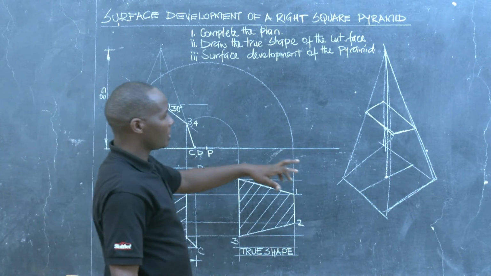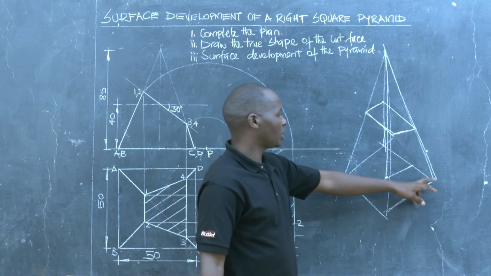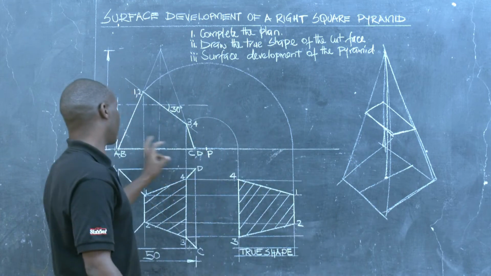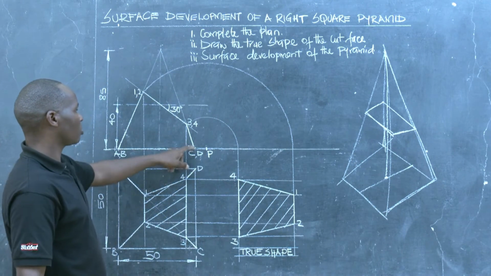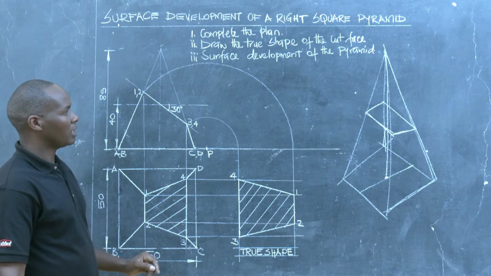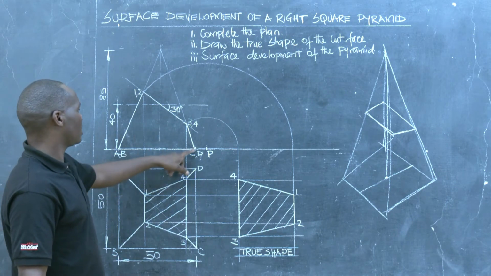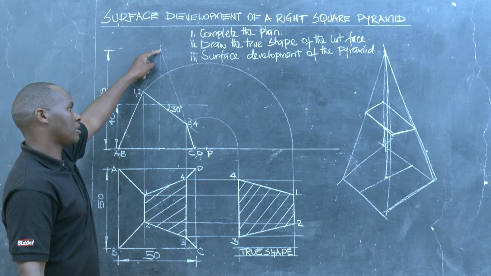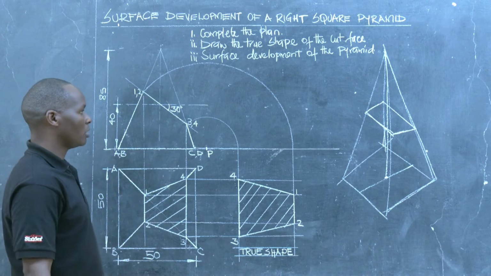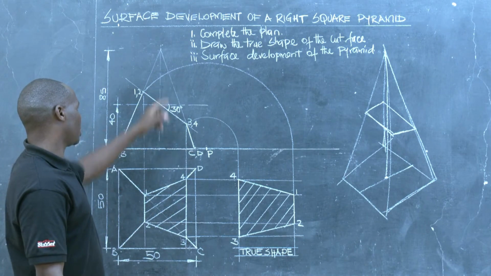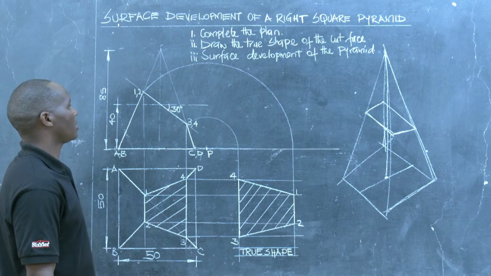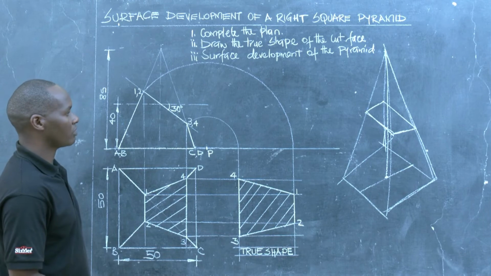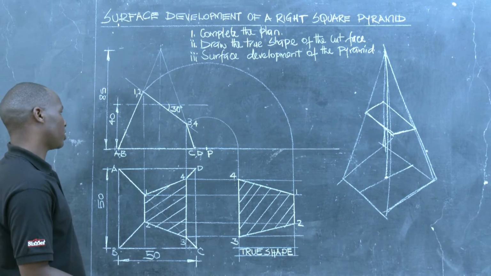So therefore, we need to get the real length of the edge, simply because when you are drawing the elevation, we distorted the edges of the pyramid, and therefore this cannot define the real length of the pyramid. Therefore, that's the reason why we need to get the true length for this pyramid, which will assist us to do the surface development of the truncated pyramid.